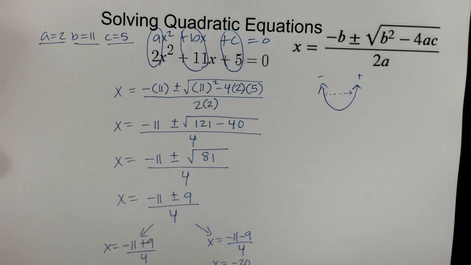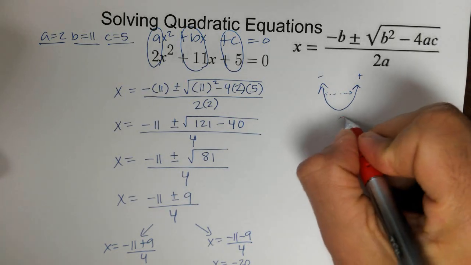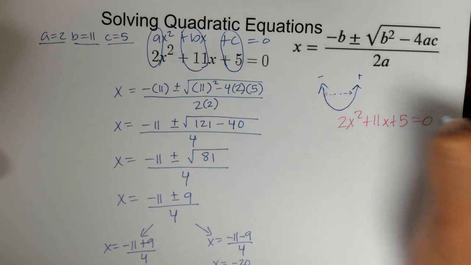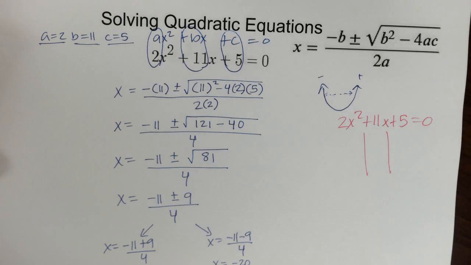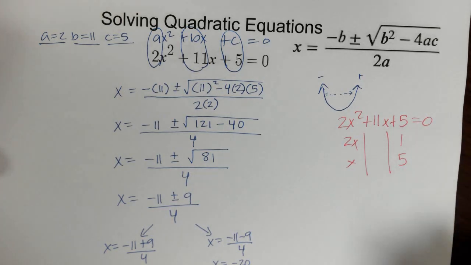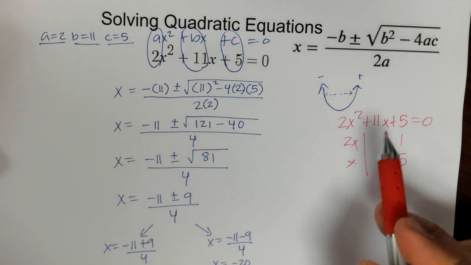Now, as a side note, I can do this problem also by using my other method, right? The factoring method, where I find the factors of the first column and the factors of the last column. And then you cross multiply, check the additive, right?